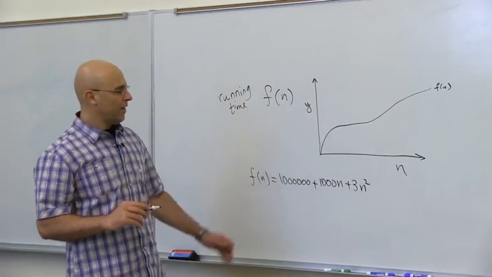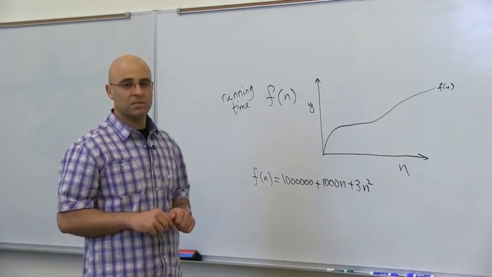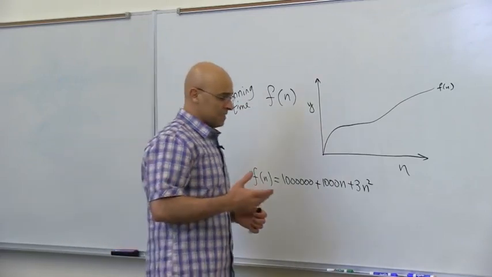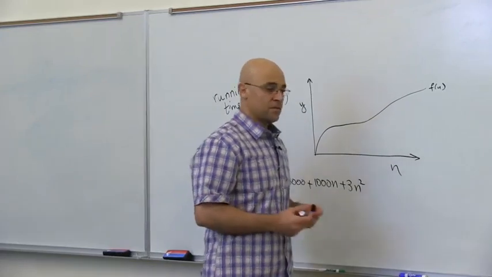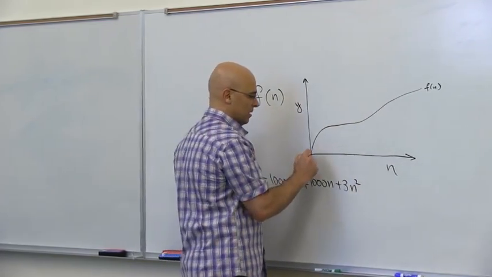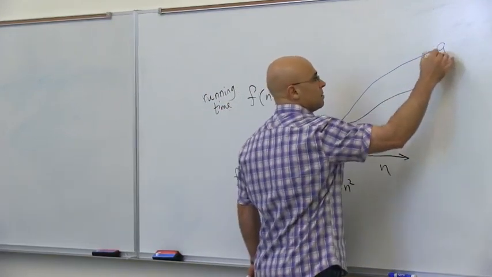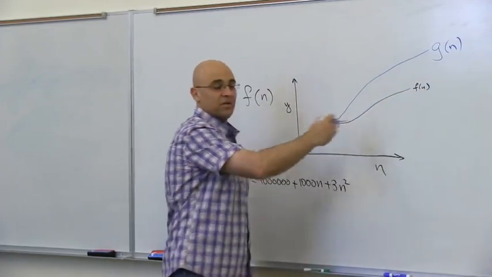Now I want to put an upper bound on this function. I want to get another function that, once I plot it or compare it to f of n, will grow faster than f of n after some point.